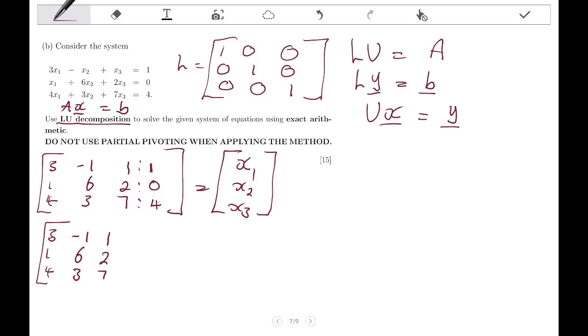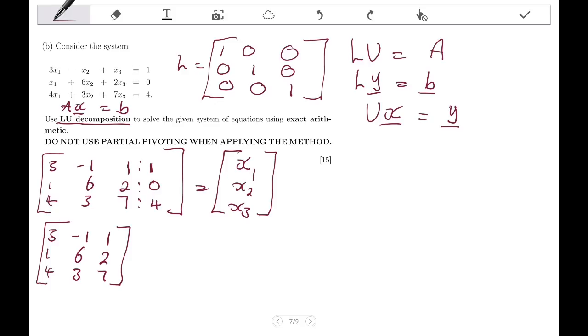So I have to reduce these two elements here to 0, and then also this one to 0. So therefore I'm going to have the upper matrix. To reduce that, we use the row operations. I assume that you guys should know how to use them.